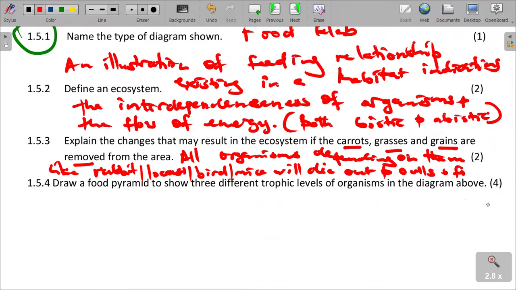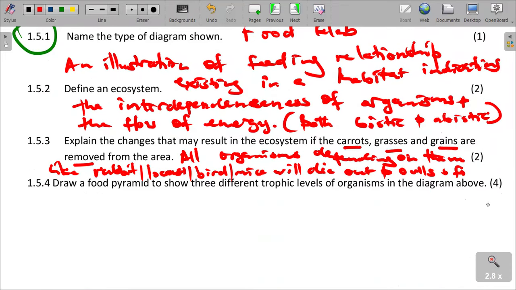I can take the rabbit and mice, and then finally I can have the fox and the owl.